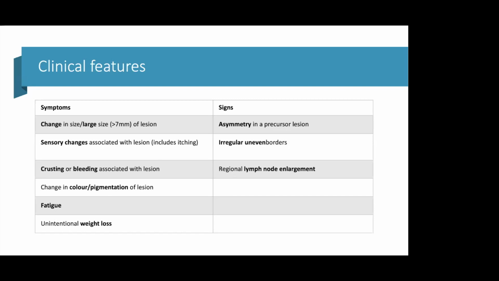But key things to consider are both systemic features, such as do they have symptoms of lethargy or weight loss, change in appetite, for example, and then skin features of the lesion, in particular, changes in the size or shape of the lesion, changes in sensation, considering whether they're bleeding, ulcerating, crusting, itching, all these different elements.